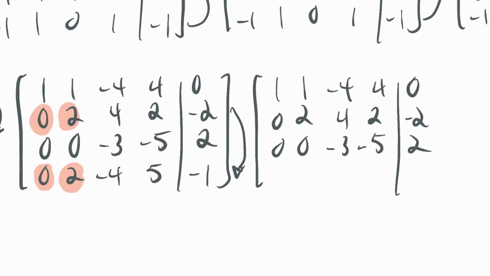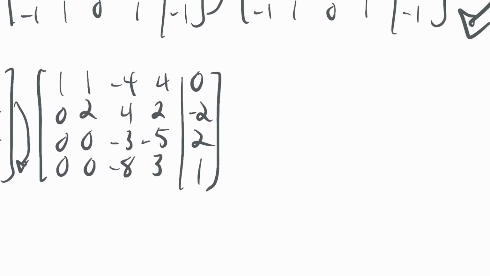Subtract 2 into 2 to get 0. Subtract 4 into -4 to get -8. Subtract 2 into 5 to get 3. Subtract -2 into -1 to get +1, because as a result, I'm adding 2. Okay, so 0, 0, -8, 3, 1. Okay, we have room for another step.